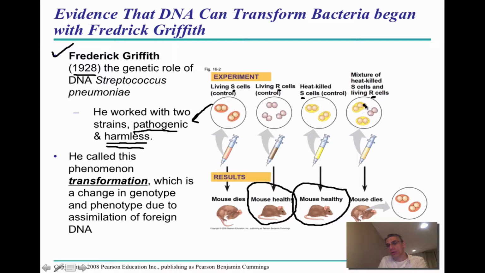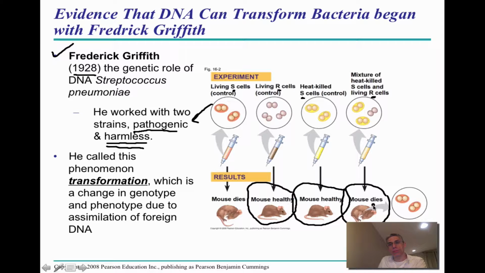Remember, the R cells are the harmless cells. His expectation was that the mouse should survive, because the heat-killed S cells alone and the R cells alone both left the mouse alive. But what he noticed at the end of his experiment was that the mouse actually died.